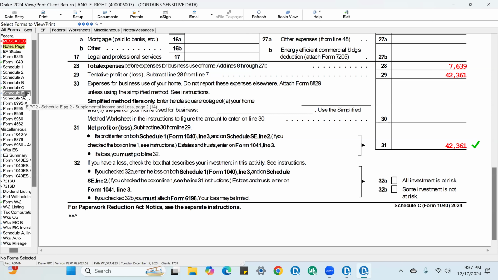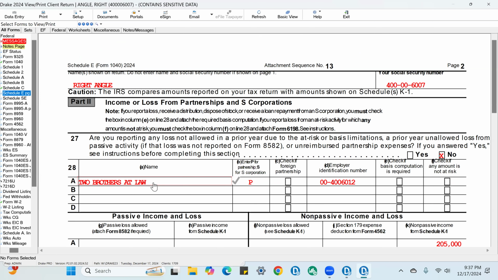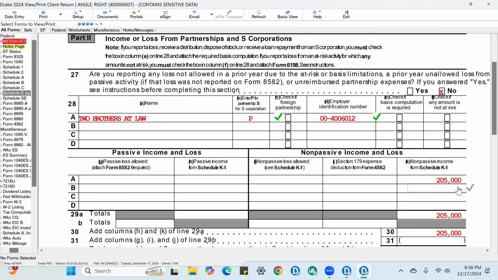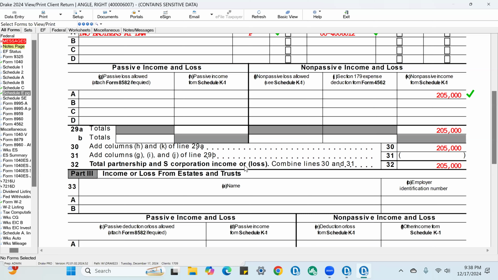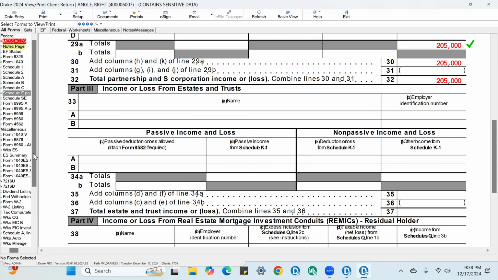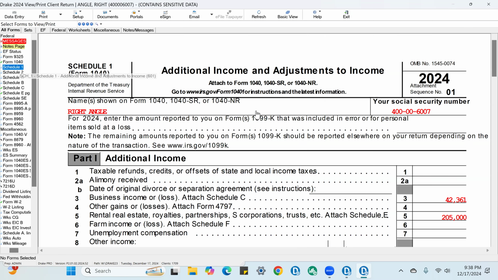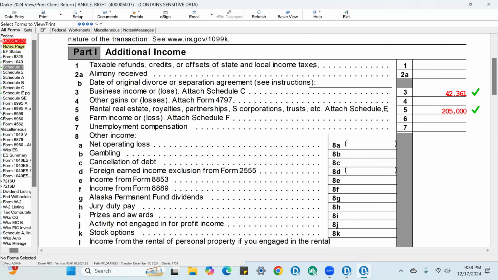And like there, it is a partnership. For the K1, you can have a different kind of K1. There's a partnership, there's an S corporation, and there's the EIN of that. Now, go to Schedule 1. You will see this is coming from the consulting, and this is coming from the law firm partnership, right?